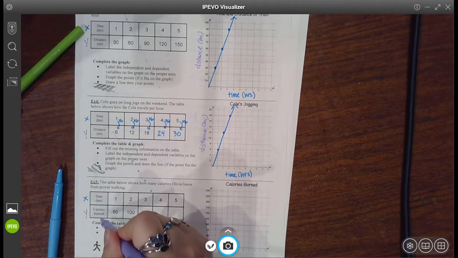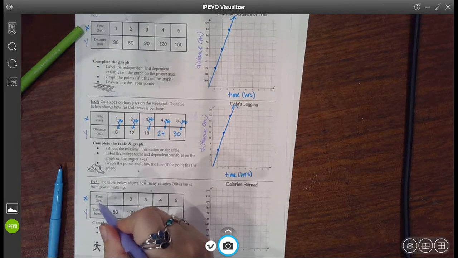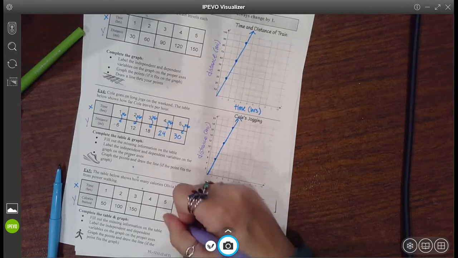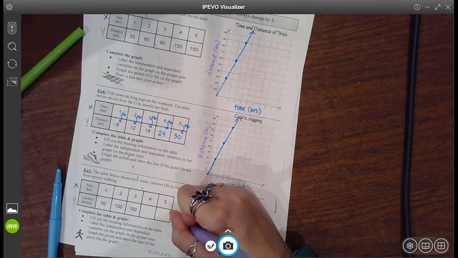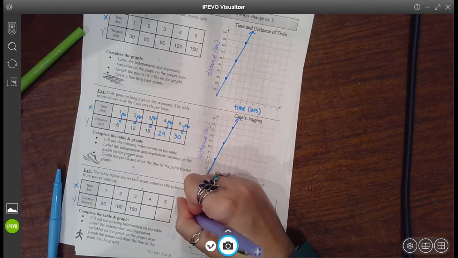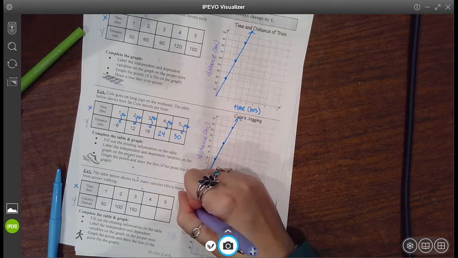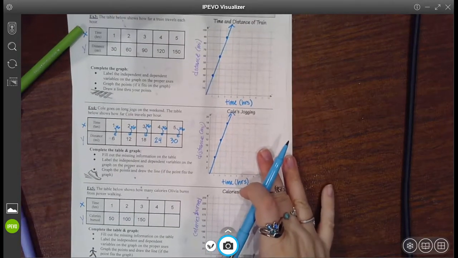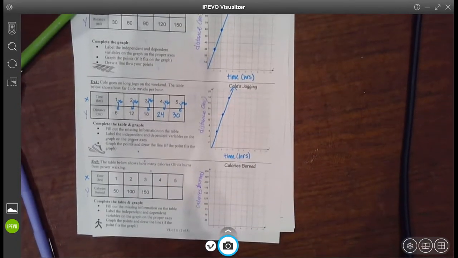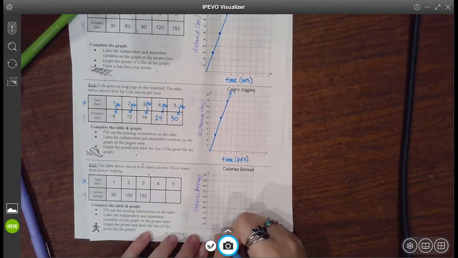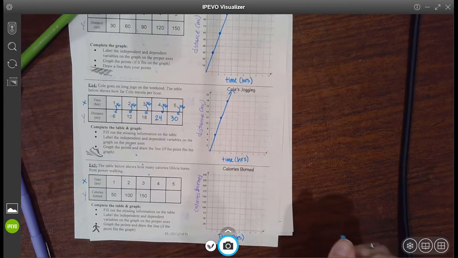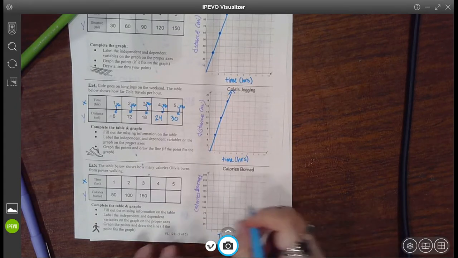How many calories you burn depends upon how long you've been exercising. Yep, makes sense. So Y is my calories burned, and that makes X my time in hours.